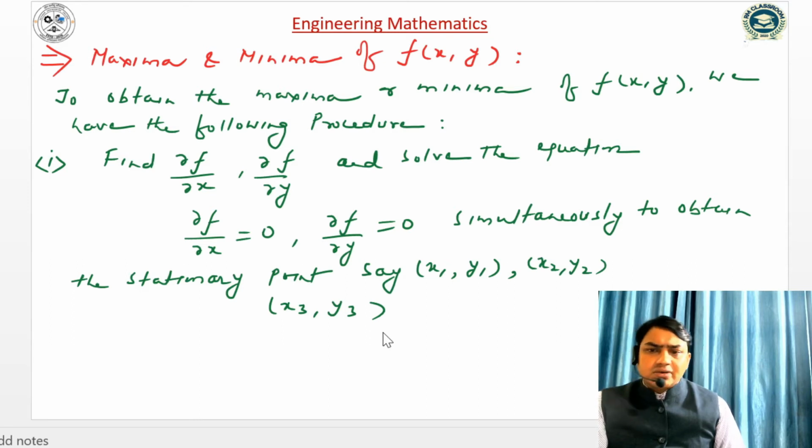Now we have to check the value of rt minus s square. If the value of rt minus s square is greater than 0, then there is a possibility of maxima or minima of the function f(x, y). If the value of rt minus s square is less than 0, then the function attains neither maxima nor minima.